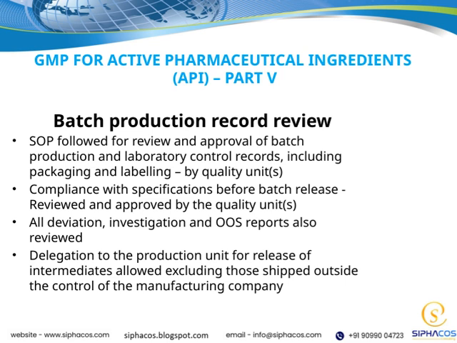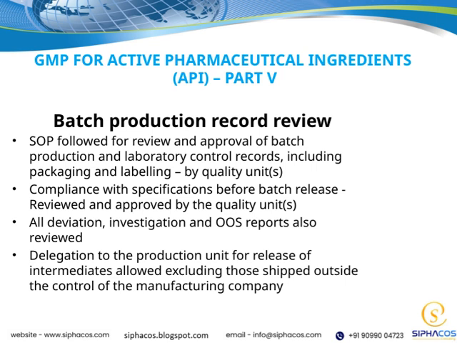We also review all deviation reports, investigations, and out-of-specification results, or OOS reports, to address any issues that may arise during production. It's important to note that delegation to the production unit for the release of intermediates is permitted, but only excluding those that are shipped outside the control of the manufacturing company.